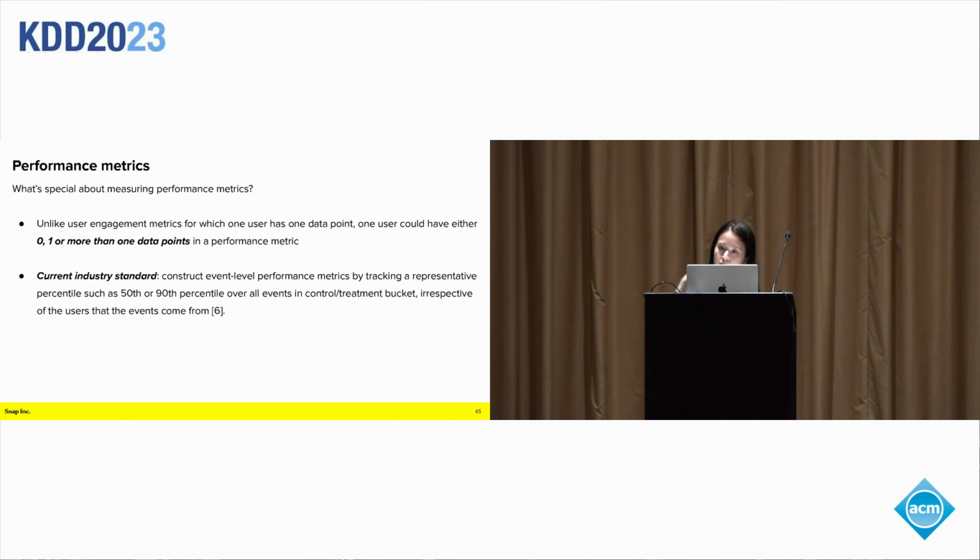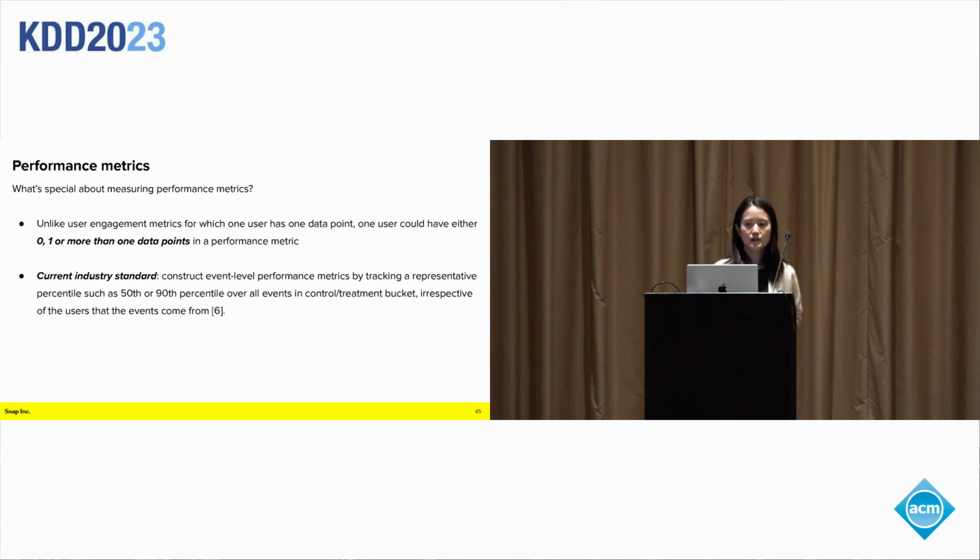So then the question is, as we put performance metrics in our focus, what's special about them? Unlike user engagement metrics, for which one user usually has one data point, one user could have either 0, 1, or even more than one data points in a performance metric.